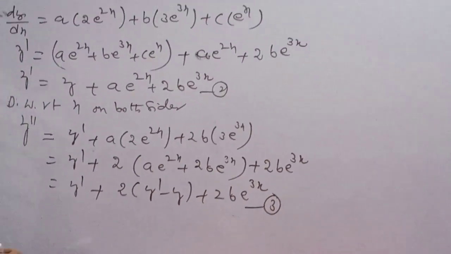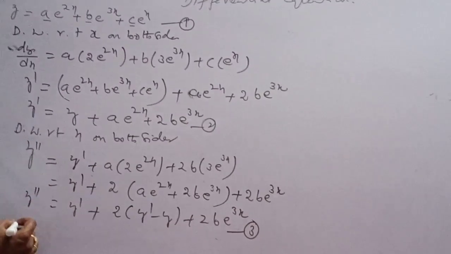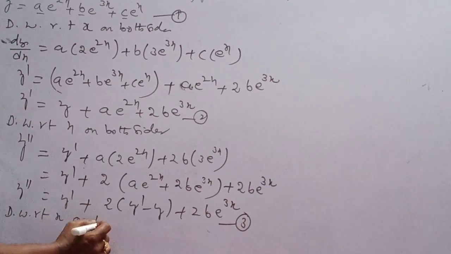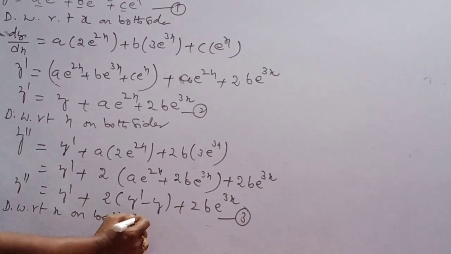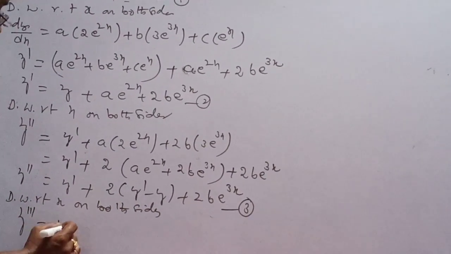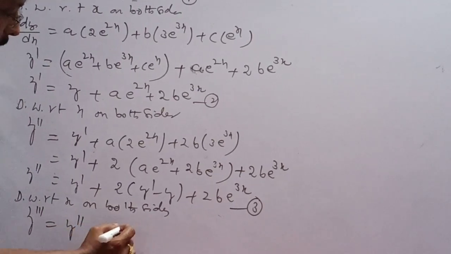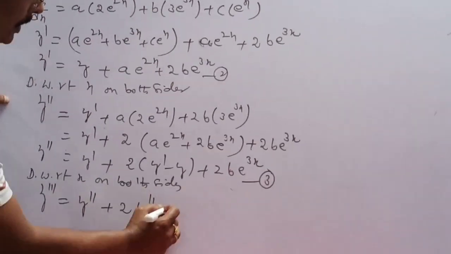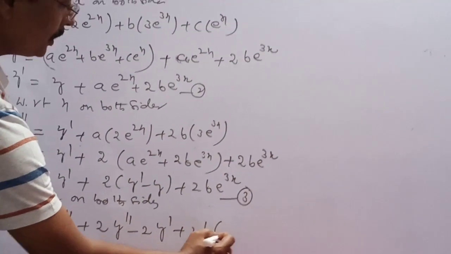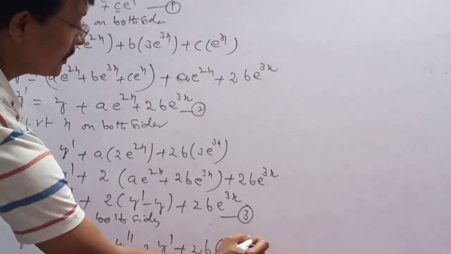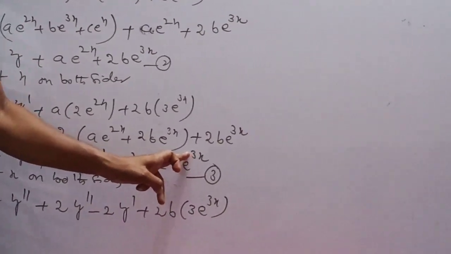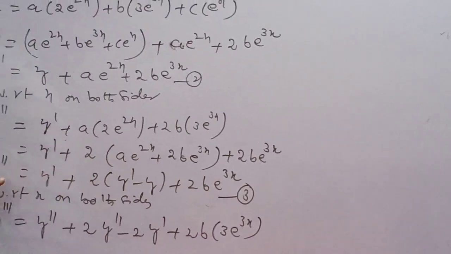So this is y''. Again differentiate with respect to x on both sides. So y''' equals y'' plus 2 times y'' minus 2 times y' plus 2b into 3 e^(3x). But 2b e^(3x), by equation 3, its value is here.